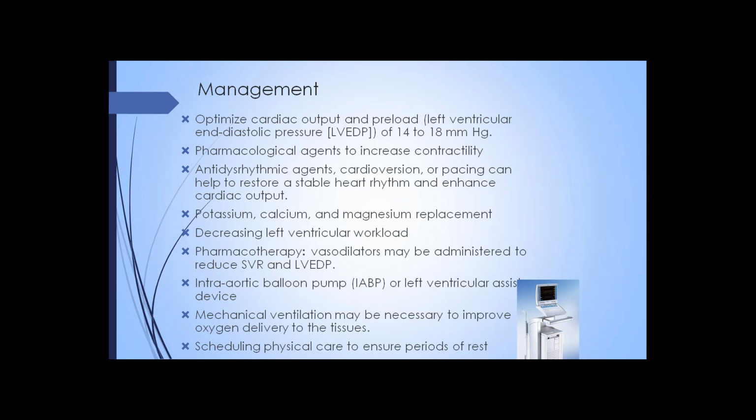Now, you heard me say earlier that we want to make sure that the SVR is not increased with vasoconstriction. That means we want to decrease the left ventricular workload. We can do that with pharmacotherapy, such as vasodilators, to reduce the SVR, therefore the left ventricular end-diastolic pressure, or the workload of that left ventricle.